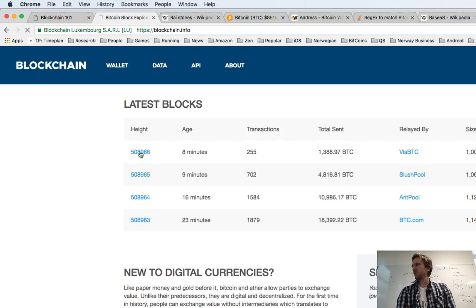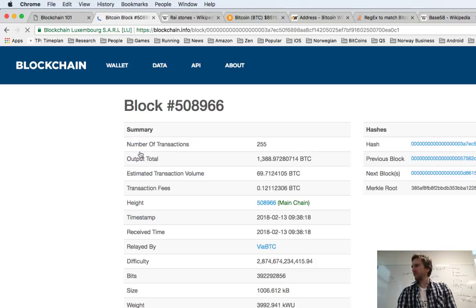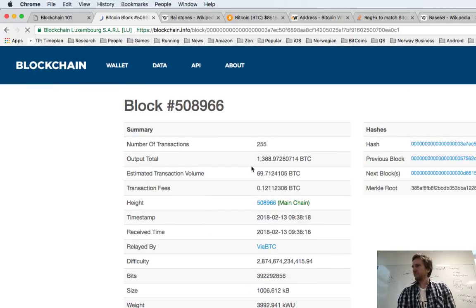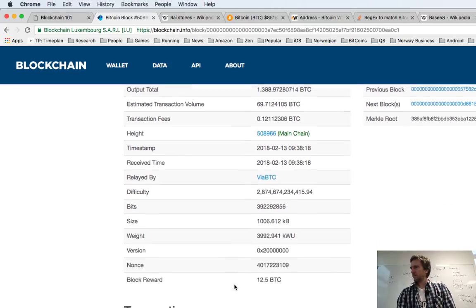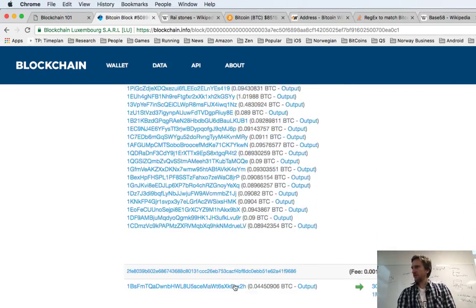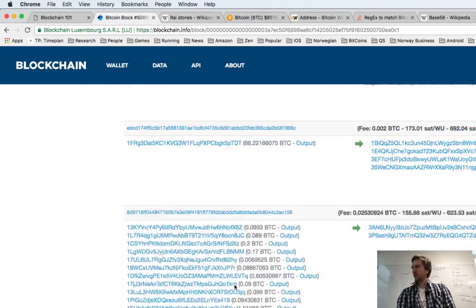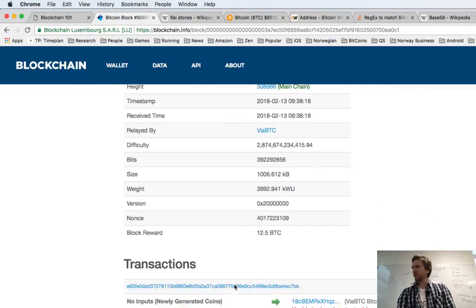So if we check this one, we see that we have a number of transactions which are included in the block, and the first no-input one is 12.621.